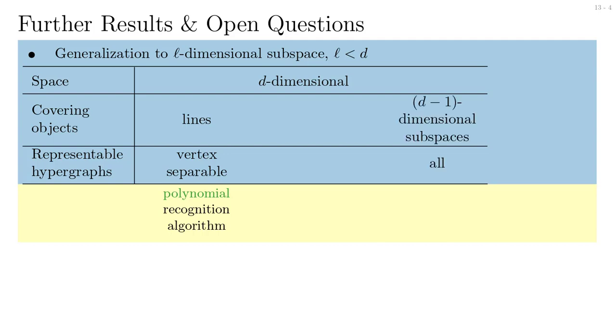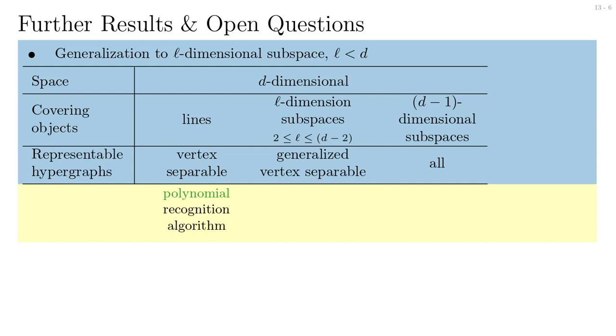If we consider d-1 dimensional subspaces as covering objects, then all hypergraphs are representable. This is somehow similar to the representation of bipartite graphs in 2D. But what is in between?